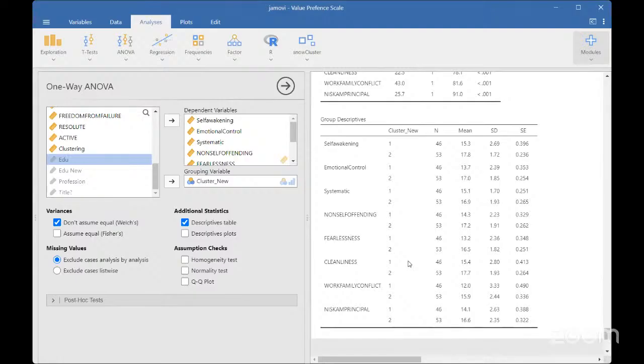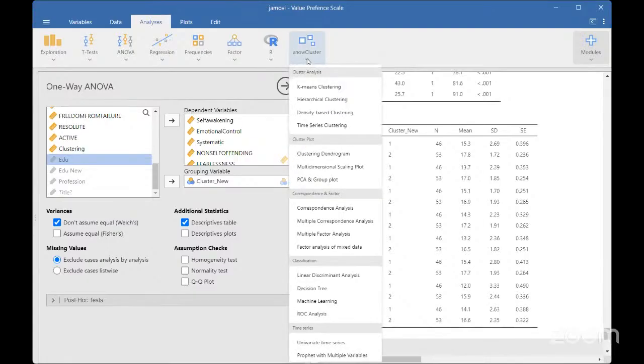Now, Ashmita, you click the cluster again. We go to the linear discriminant analysis.